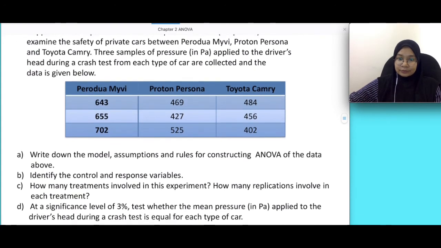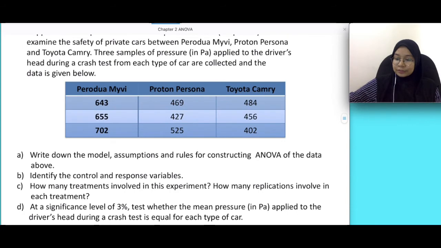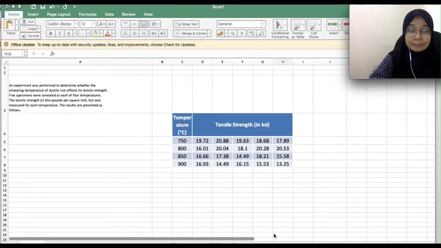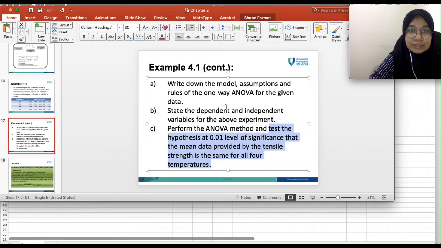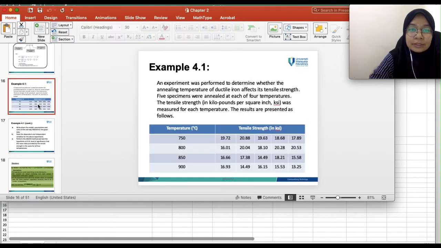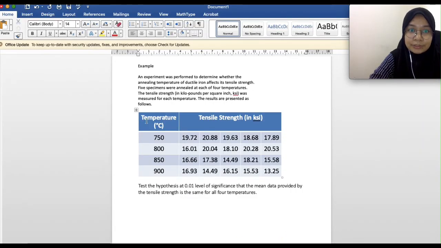Okay. So let's look at how to do this exercise using Microsoft Office Excel. Try to do example using the Microsoft Office Excel. So the example just now is here. Okay. About the temperature and the tensile strength. Okay, so I'll put the example into the Word. So an experiment was performed here, and then temperature and the tensile strength.